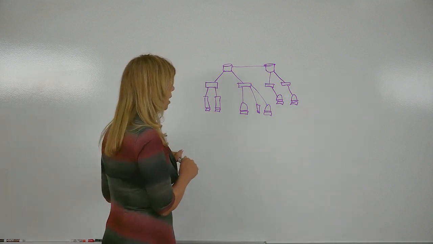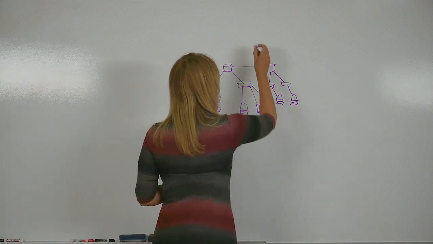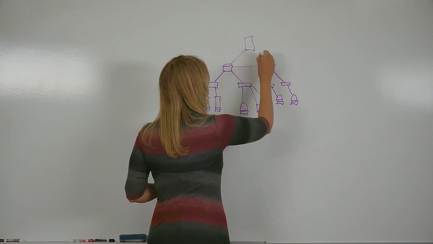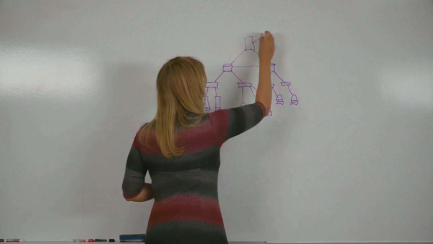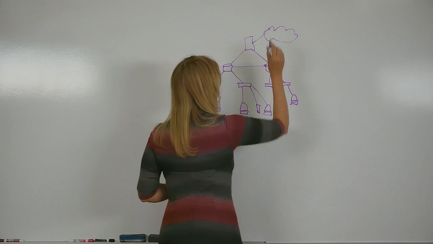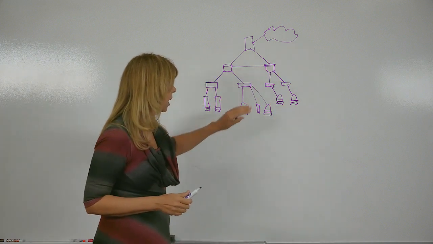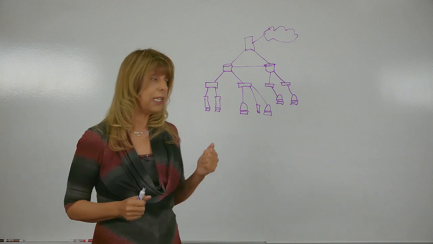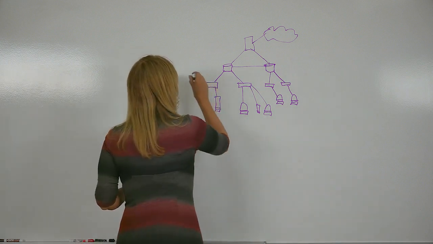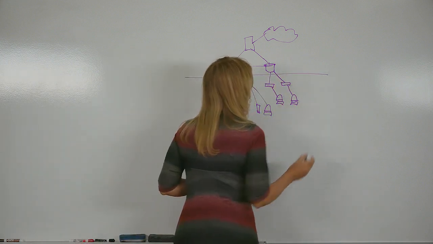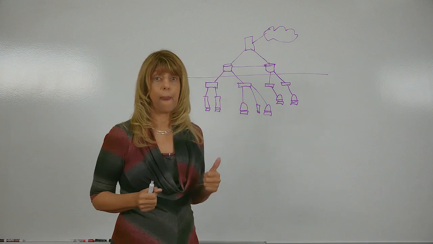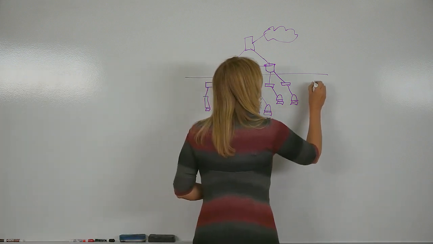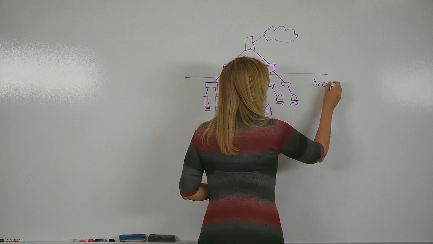Now, when the hierarchical network needs to connect to other networks, we will have other devices that provide the connectivity to get out to, say, the internet. In a hierarchical network design, there are names given to these various layers. Devices that actually connect to users and other end user devices reside at the access layer.